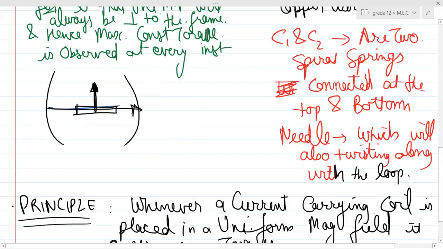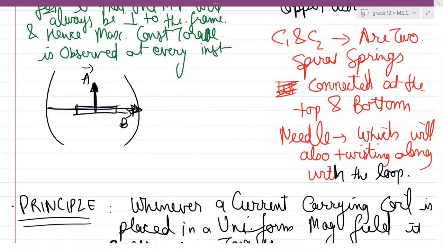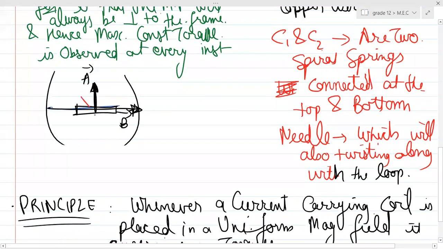This will be the magnetic field, and when it becomes like this, this is the area vector. Are you getting my point? Krishna, can you see there is always one component which is always perpendicular, right?